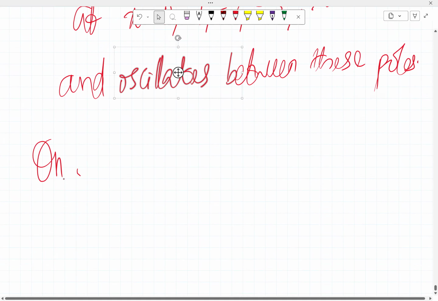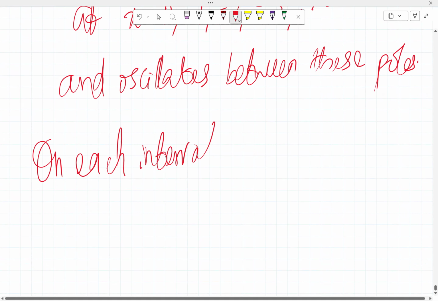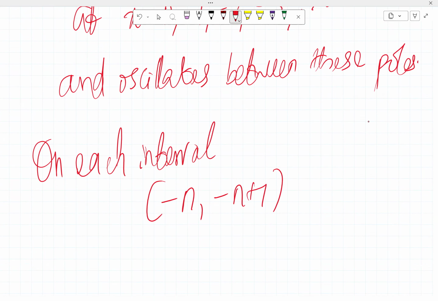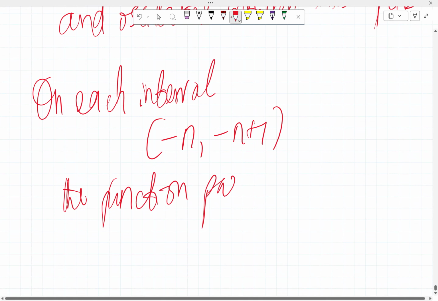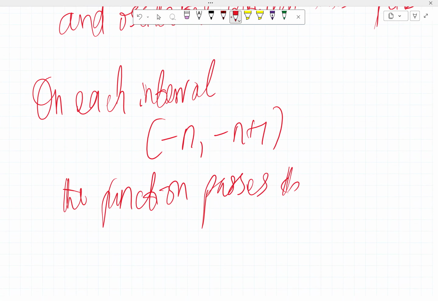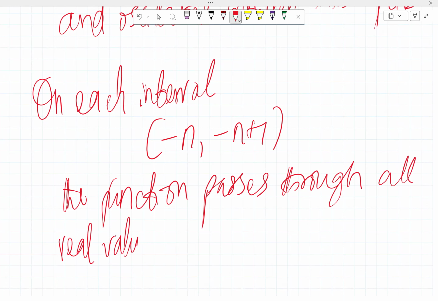So on each interval, that's -n to -n+1, the function passes through all real values from -infinity to +infinity.